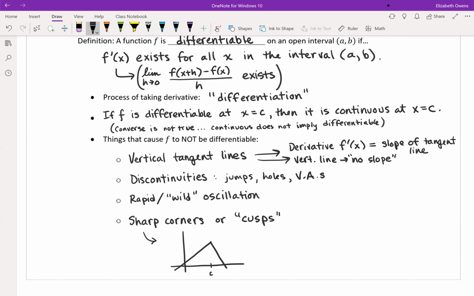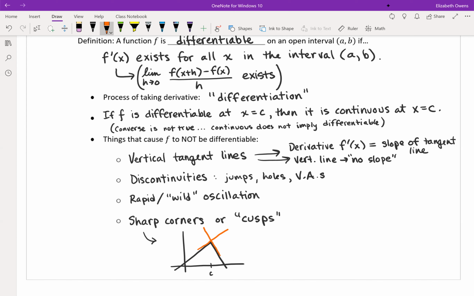Our derivative does not exist at that point because if you're looking at the two different sides, right-hand side, left-hand side of that point, it looks like you've got one tangent line going this way and another tangent line going this way. And it can't really resolve itself there as to which tangent line to use.